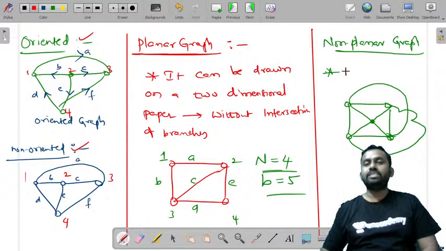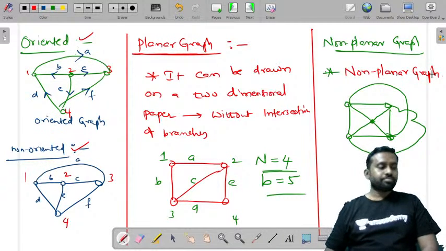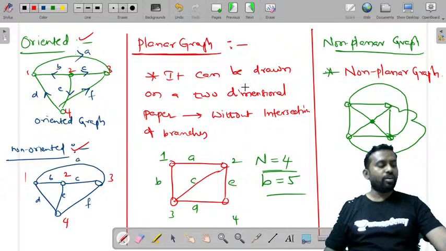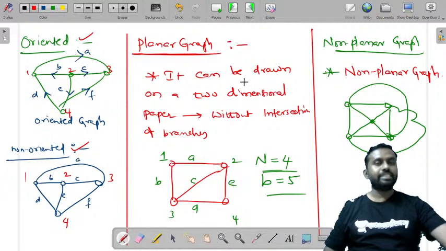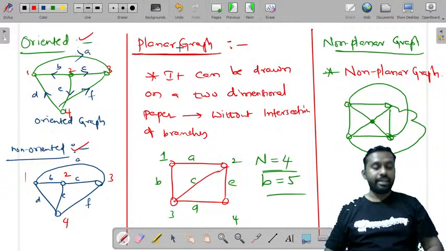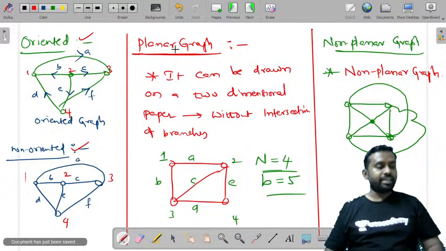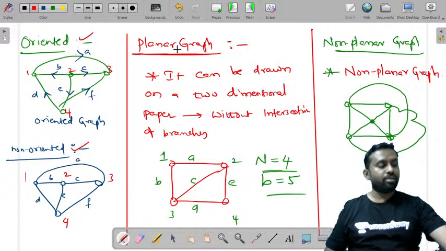A graph which you cannot draw on a two-dimensional space without any intersections is said to be a non-planar graph. Planar and non-planar graphs. Hope this is clear for you now.